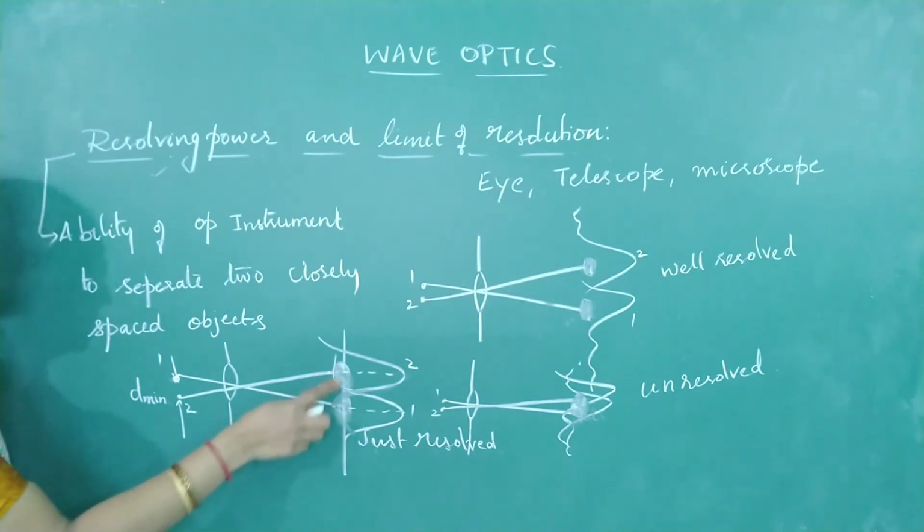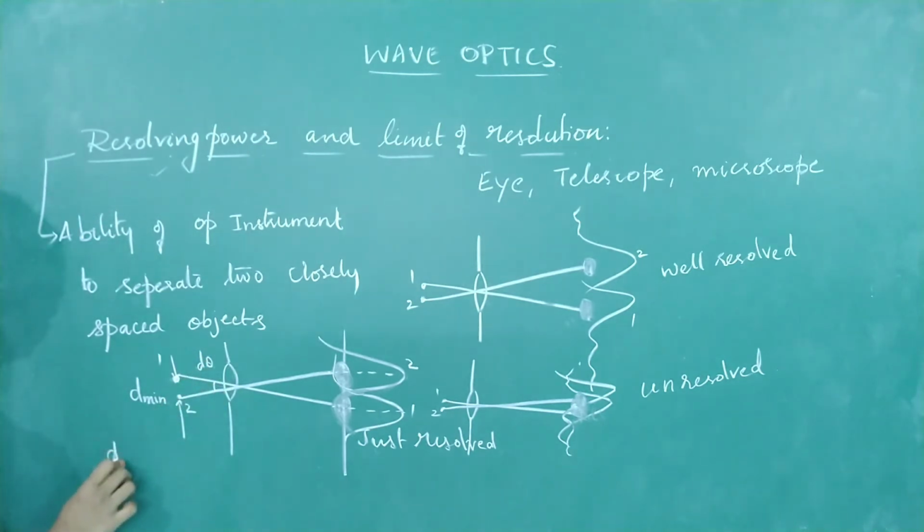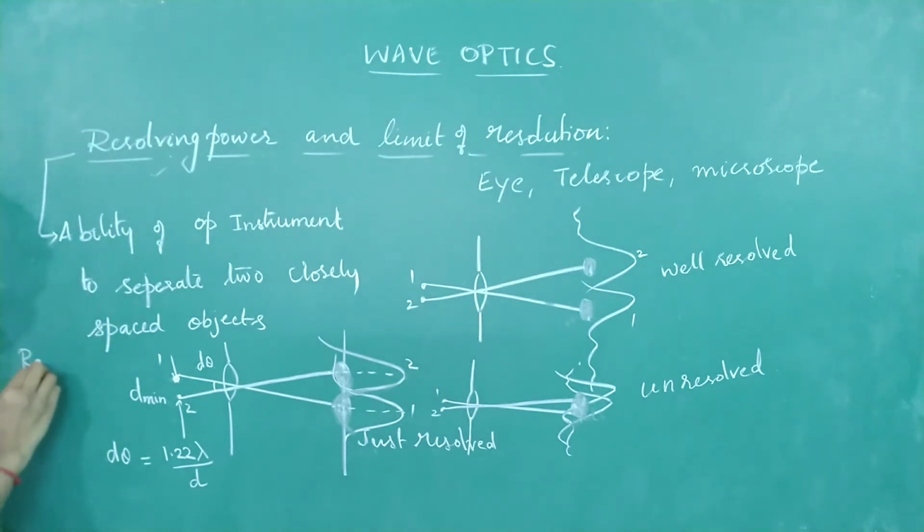But for this to occur, he calculated this angular separation dθ and proved that this dθ should be equal to 1.22 λ/d. Okay, this is called Rayleigh's criteria.